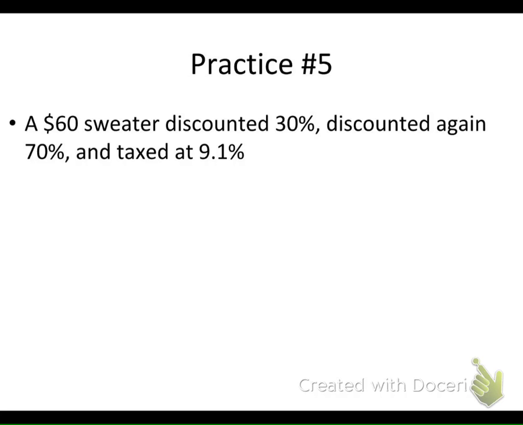Then they tax it. So how many multipliers are we going to get? 3. Brendan, you're 1. Jemiah, you're 2. Haley, you're 3. So Brendan, you're doing the first multiplier. So you're doing steps 1 through 3 for me. Then you, then you. Okay, ready? So what do I do?